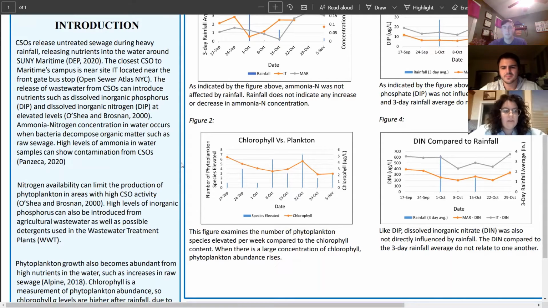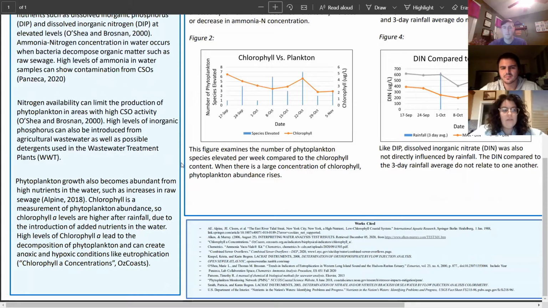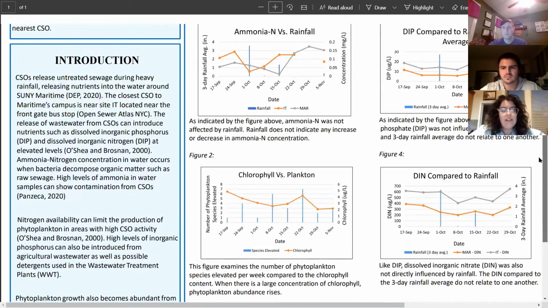Phytoplankton growth increases from the excess nitrogen and phosphorus in the water, and chlorophyll is released from these phytoplankton, and it is a measurement of phytoplankton abundance. So if there is higher chlorophyll A in the water, then there are high phytoplankton levels.